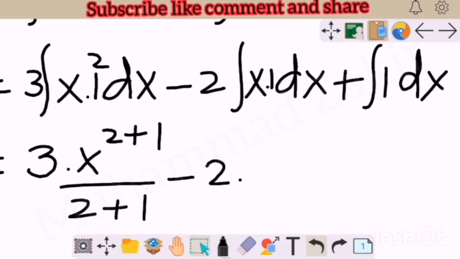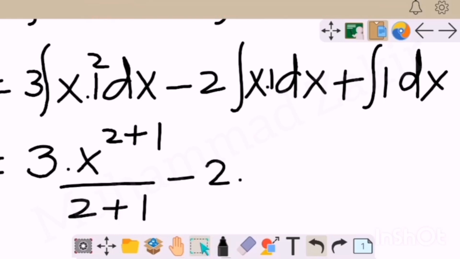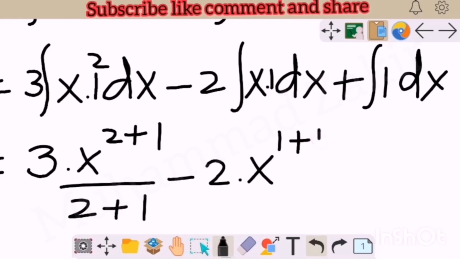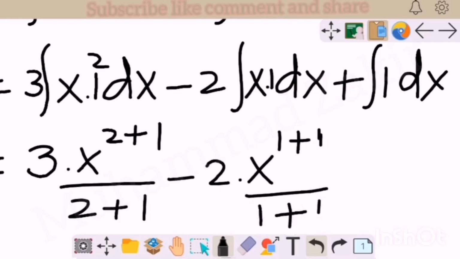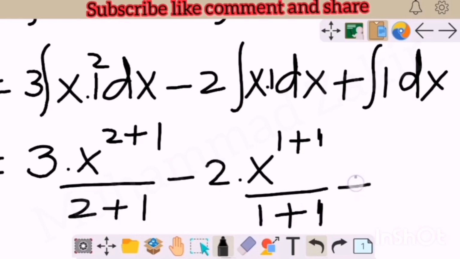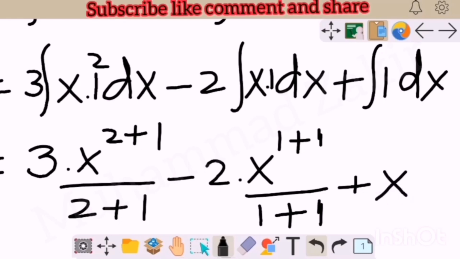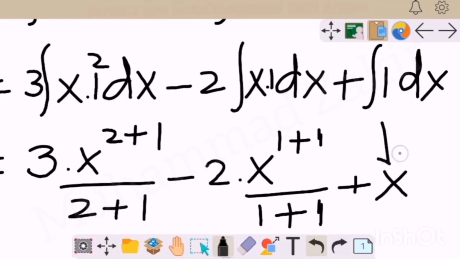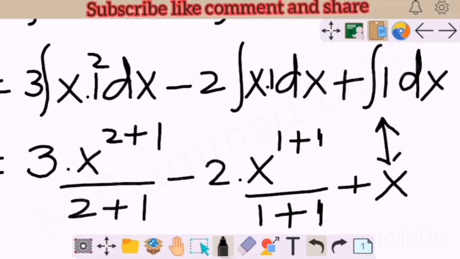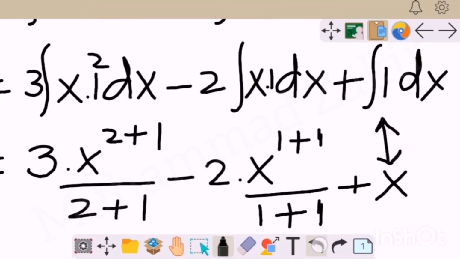If there is the derivative of x along with it and in product with it, then we add 1 to the power of x and divide by that value. This becomes the integration. Plus the integral of 1 is x, as the derivative of x is 1. These two are, 1 is the derivative, 1 is the integral. We know that the derivative of x is 1, so the integral of 1 is x.